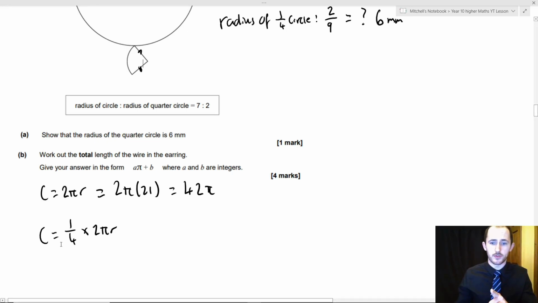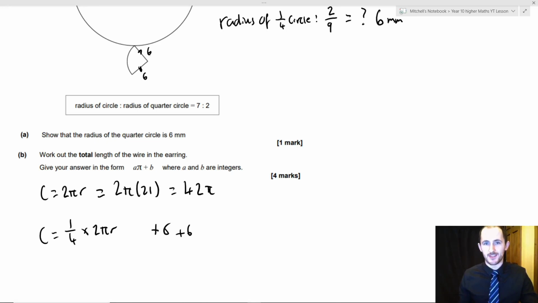If you take a quarter of this, it will only give you the curved bit, the arc perimeter. Okay? So you need to add on those two things, which are 6 and 6. So the full length is going to be, not an equal sign, it's going to be plus 6 and another 6. Okay? So that is where most students lost their marks.